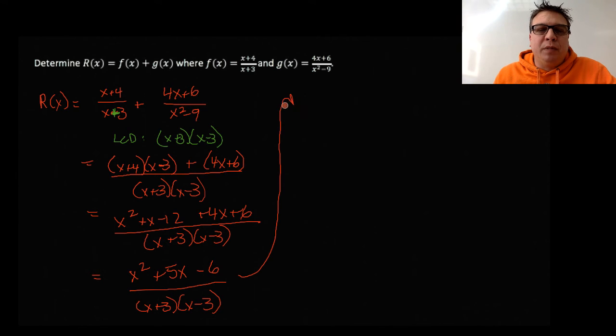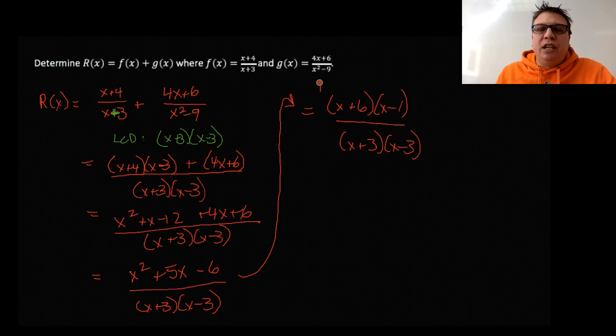Again, ran out of room because these things take up a good amount of space, so we'll just move it up here. I've got to factor that numerator, so that numerator is going to become x plus 6 and x minus 1, because I need factors of 6 that differ by 5, and the larger one has to be positive. And then I have x plus 3 and x minus 3.